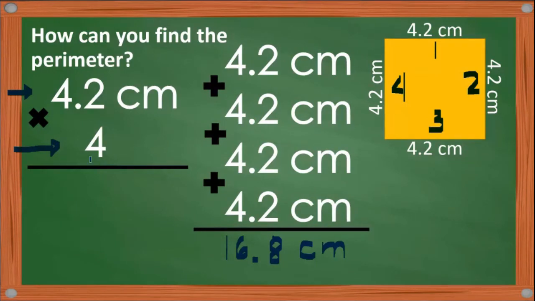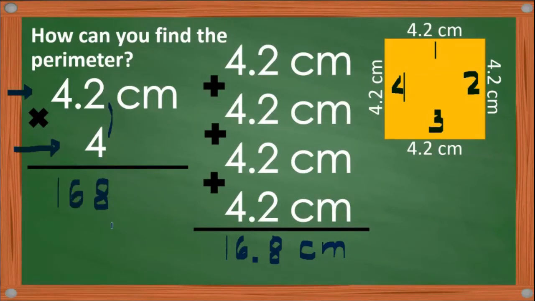So, now, we're going to multiply instead of adding all sides. Multiplication of decimals is somewhat similar to multiplication of whole numbers. So, for sure, you are familiar with the rules on how to multiply. So, 4 times 2. We're going to multiply this one. 4 times 2 is 8. And then, 4 times 4 is 16.